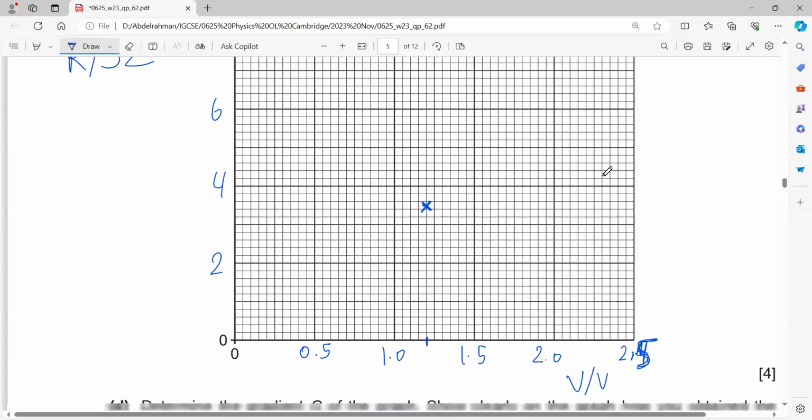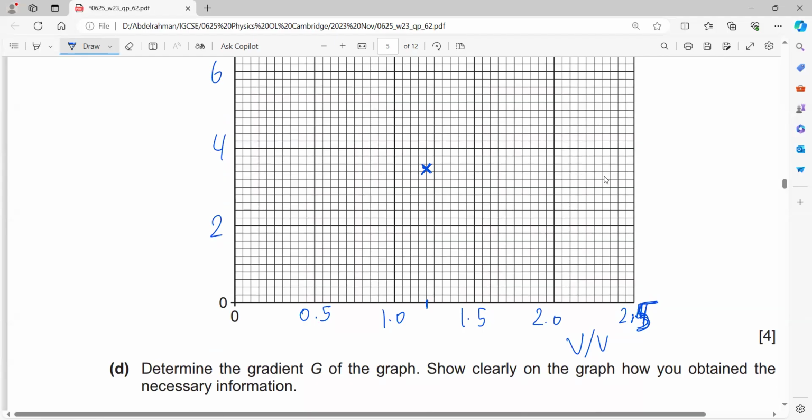1.5 and 4.4. 4.4 will be 2 squares above the 4. Here is 1.5, 4.4.